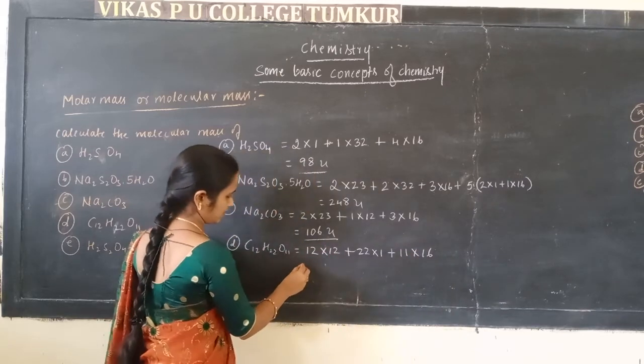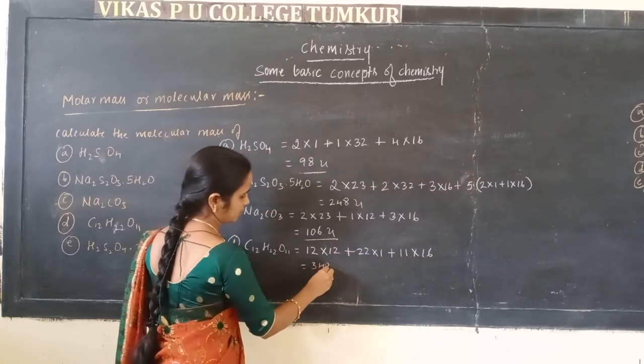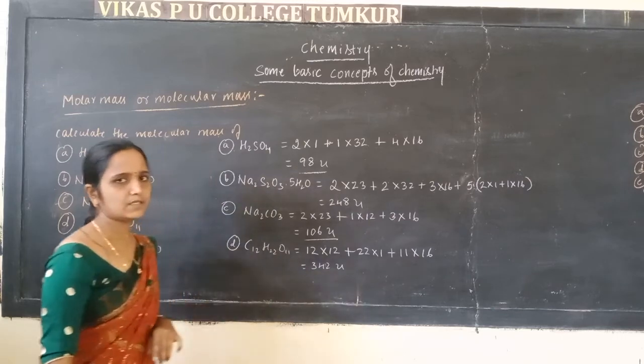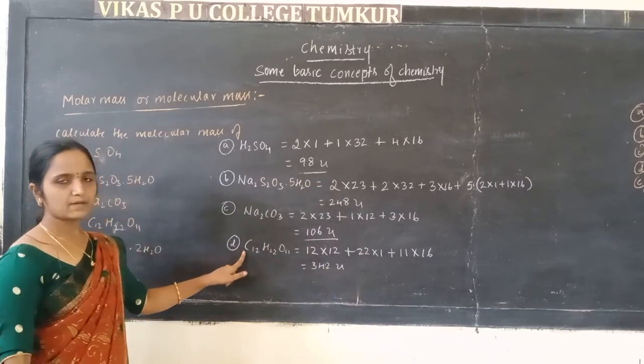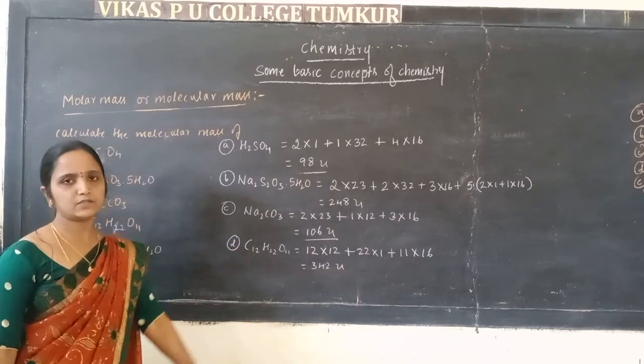Totally we get 342 unified mass. This is the molecular mass of sucrose.